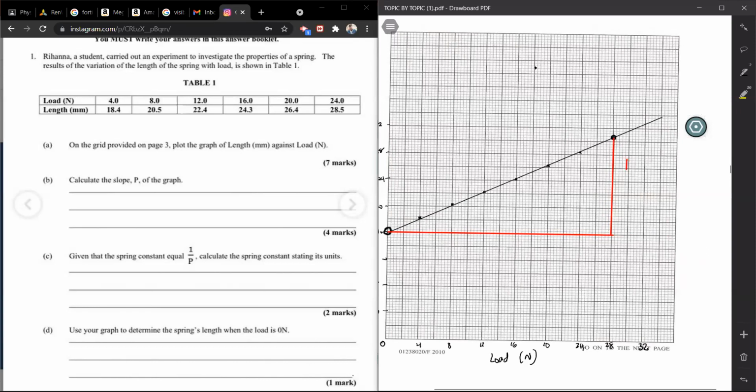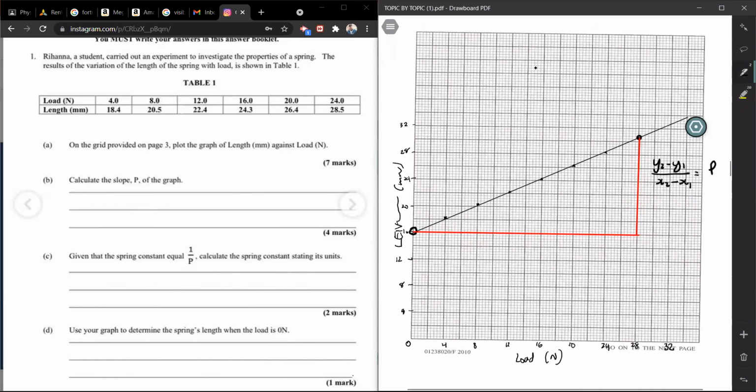All right, so I'm going to use y2 minus y1 upon x2 minus x1 is equal to slope, which is called p.